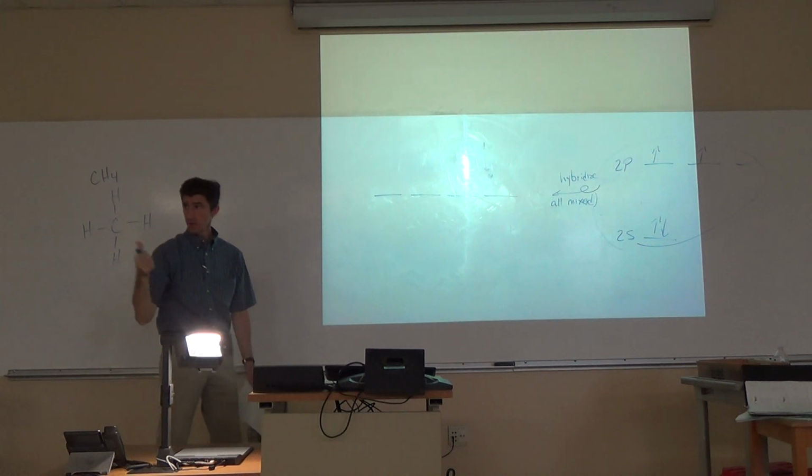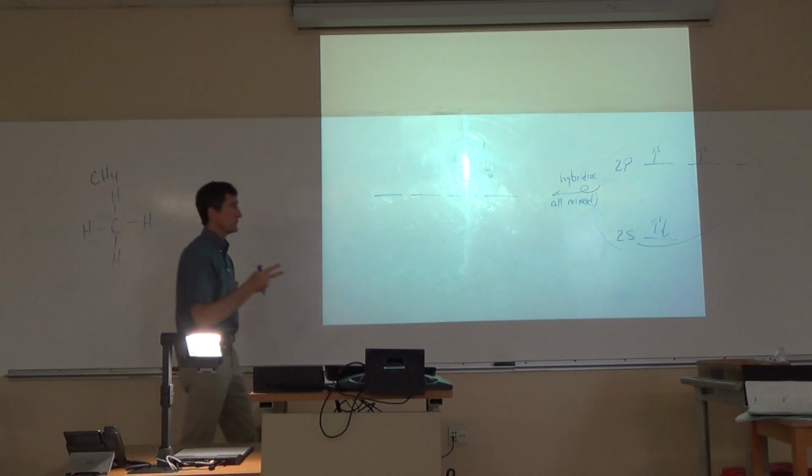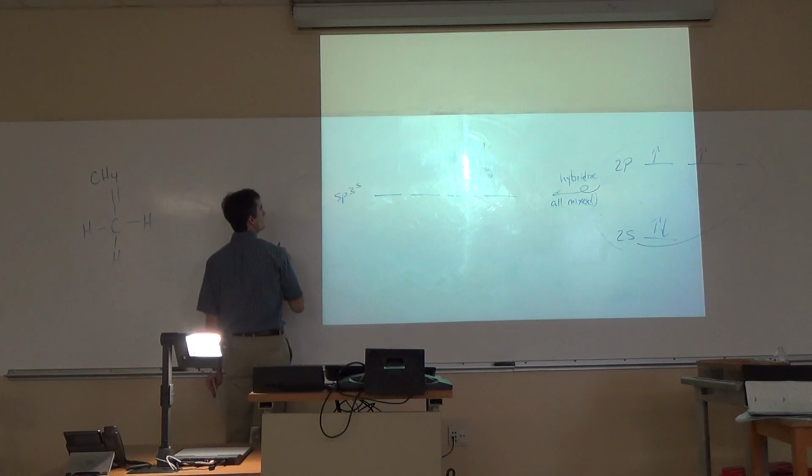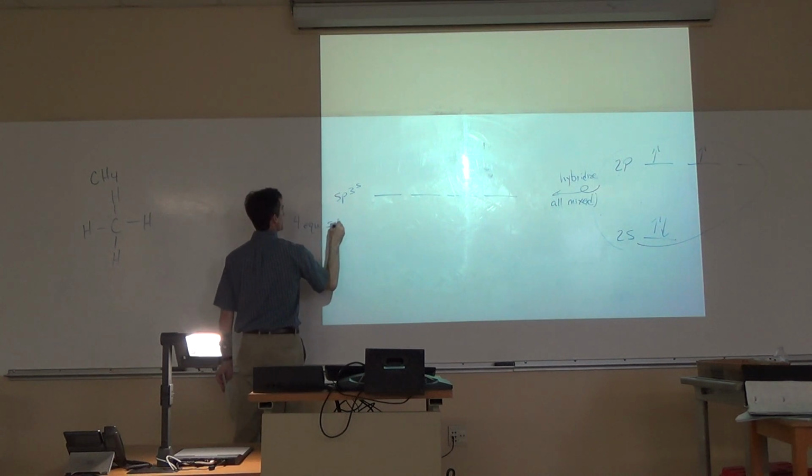What went into the blender? 1 s and 3 p's. So we're going to call these sp3's. 4 equivalent sp3 orbitals.